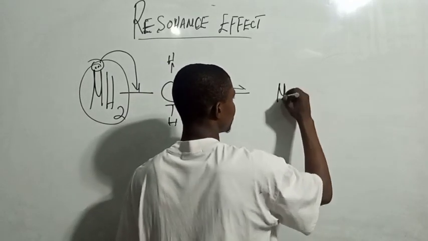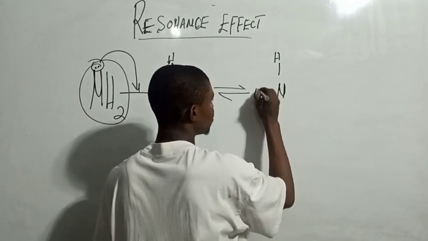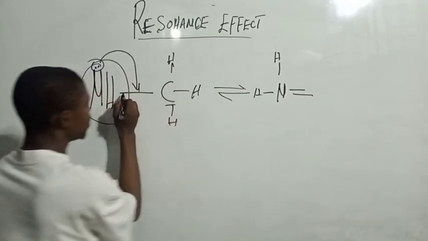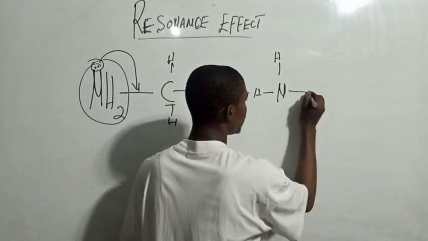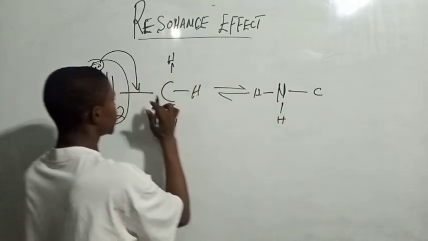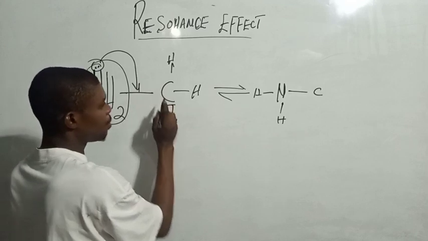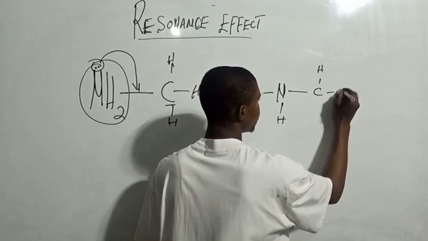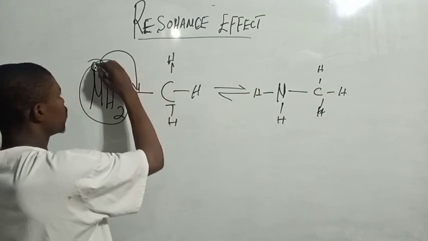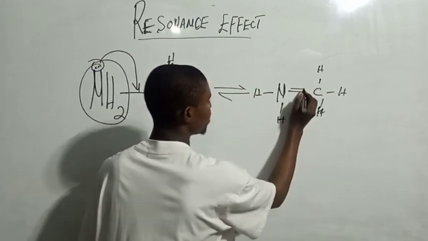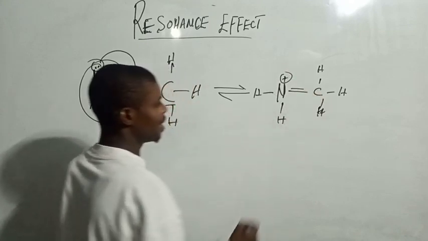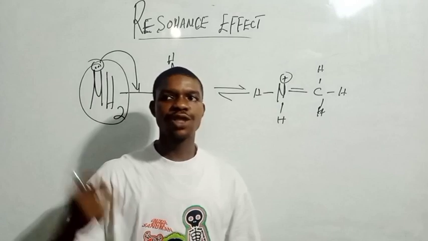Here we have nitrogen, hydrogen, hydrogen, because it's two hydrogens, right? There's already one bond connecting carbon and nitrogen already, and this carbon here is already having 4 bonds. So if I move it here to form a double bond, although nitrogen will be satisfied to become plus, carbon here is not satisfied. That is more than the octet.